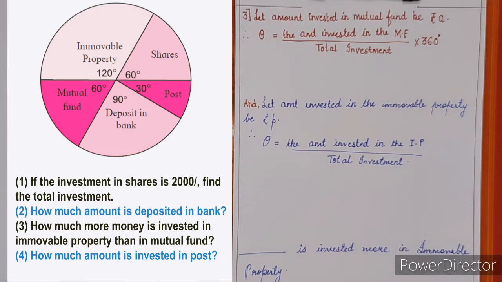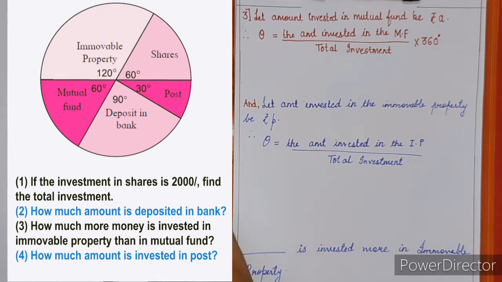Question number 3 is, how much more money is invested in an immovable property than in a mutual fund? Before we find the difference, we have to find out the exact amounts by calculating. The central angle corresponding to the immovable property is 120 degrees and the central angle corresponding to the mutual fund is 60 degrees, which is an exact double amount in immovable property.